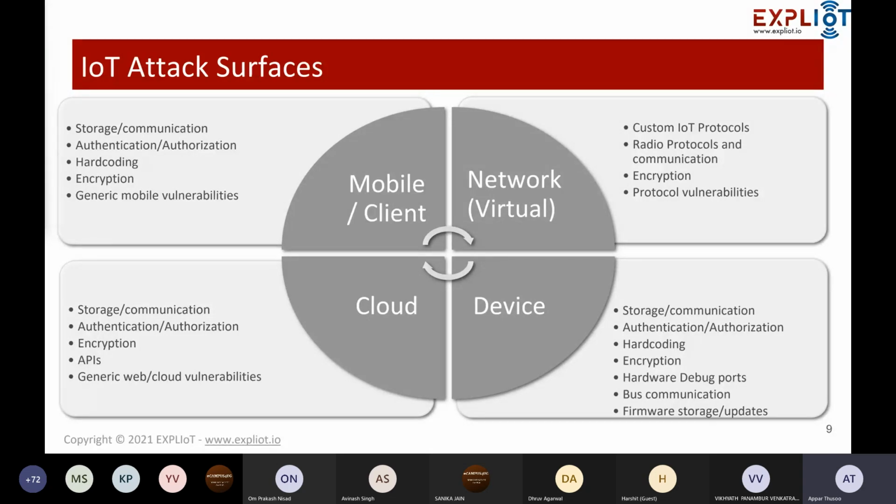So again, the attackers usually look for the storage, like talking about mobile application, whether the application is storing the data in a proper manner or not, whether there is authentication or not, whether there is hard coding of keys or not, whether encryption is being taken care of, and then generic mobile vulnerabilities that you can also read about if you just look up OWASP top 10 for mobile.